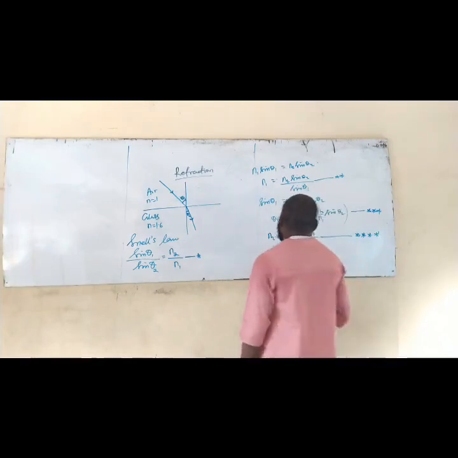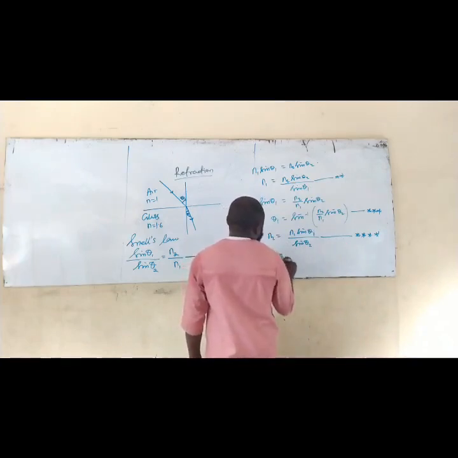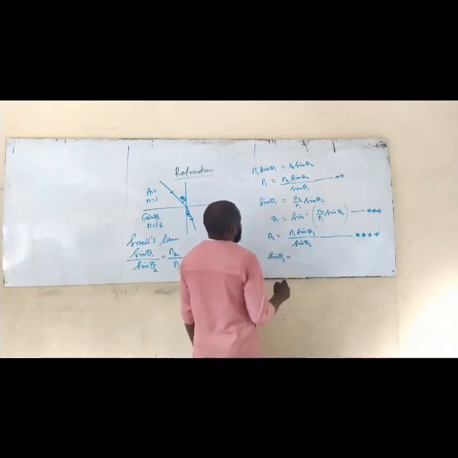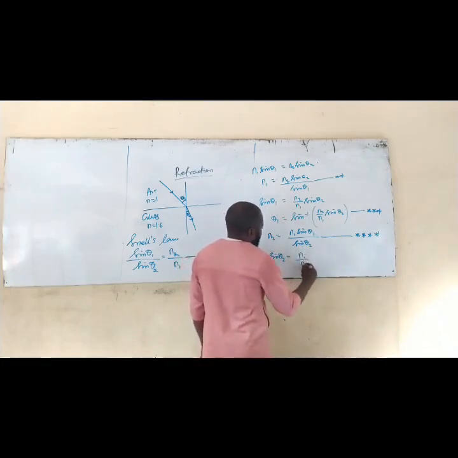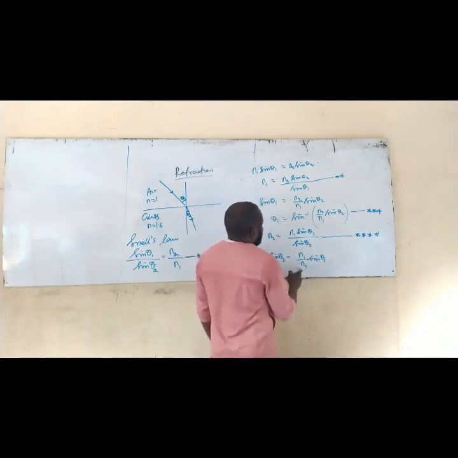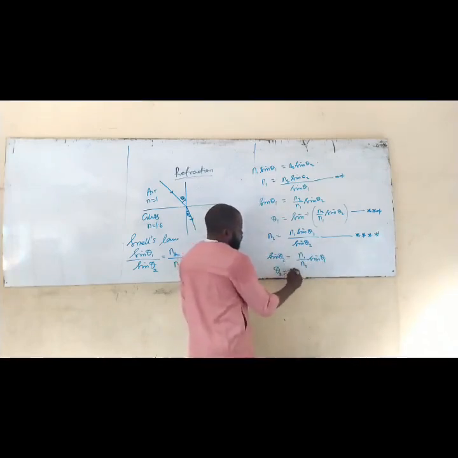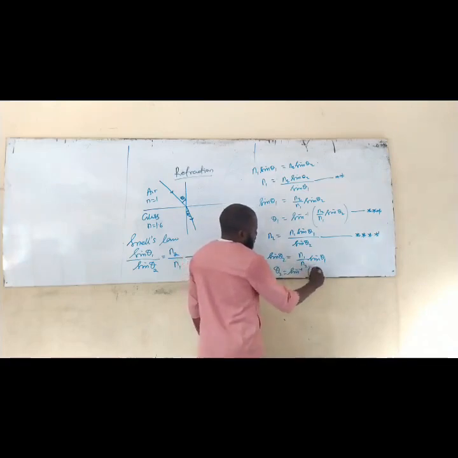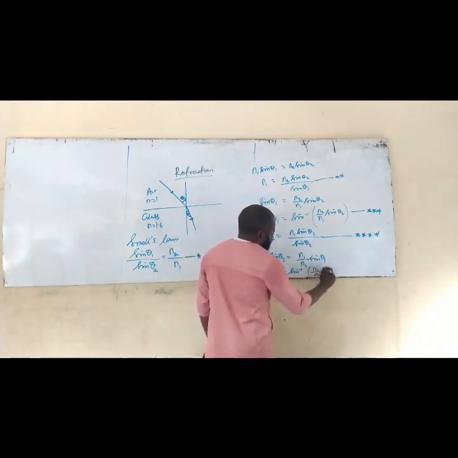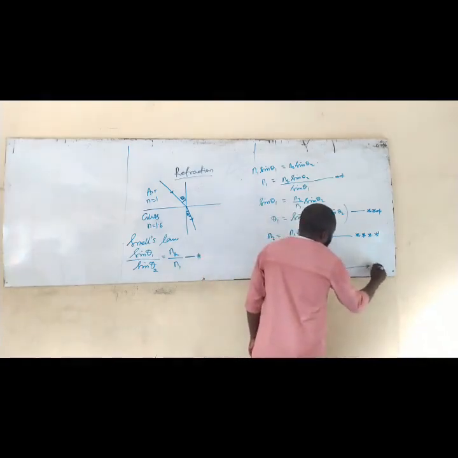And if I'm looking for theta 2, I can say that sine of theta 2 is equal to N1 over N2 sine of theta 1. So from here, if you take the arcsine, you have what? Theta 2 equal to arcsine of N1 over N2 sine of theta 1. And this should be star.